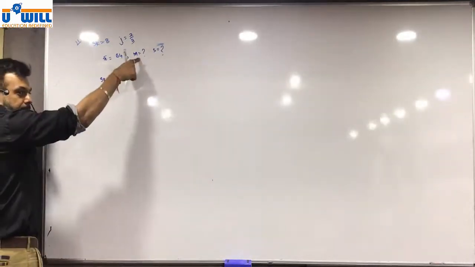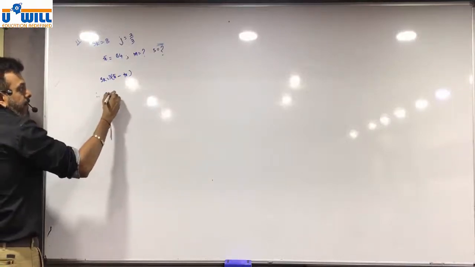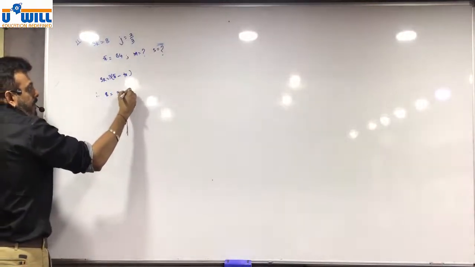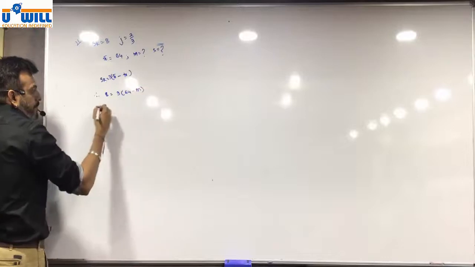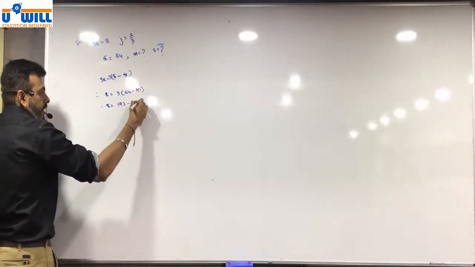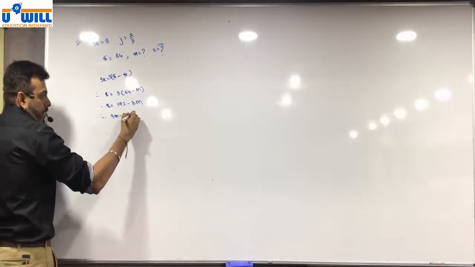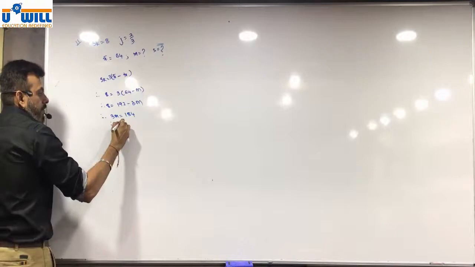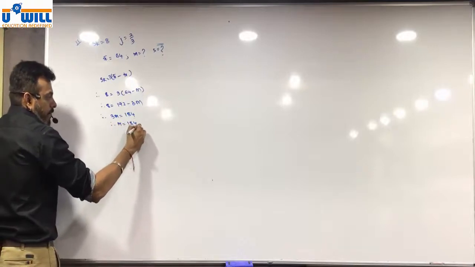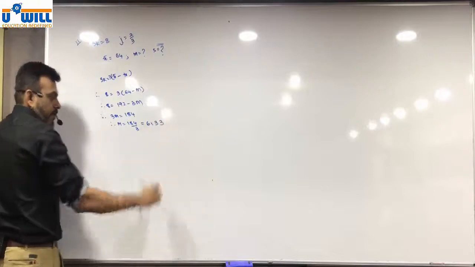Because we want to find m, so we use this formula. Therefore, 8 is equal to 3, 64 minus m. 8 is equal to 192 minus 3m. Therefore, 3m is equal to 184. Therefore, m is equal to 184 by 3, 61.33. Okay.